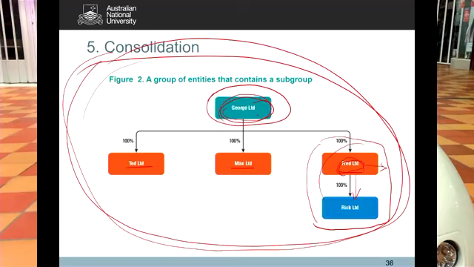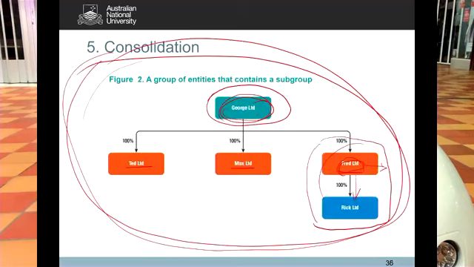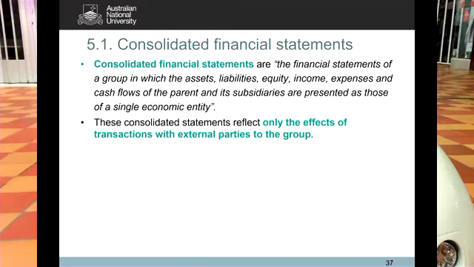Like I've shown you here, if you reflected the internal, intra-group transactions, it's just not the true performance of the group. It should reflect the transactions with external parties. Any internally generated one should be eliminated. That's what the consolidation process does.